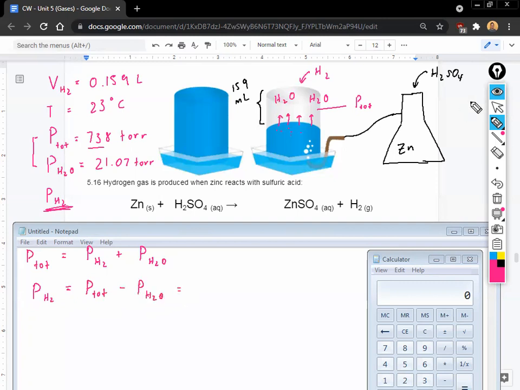So hopefully that part wasn't too bad, just basic manipulation. So all we need to do is 738 torr minus 21.07 torr, and that'll give you the partial pressure of H2, which is 716.93 torr.